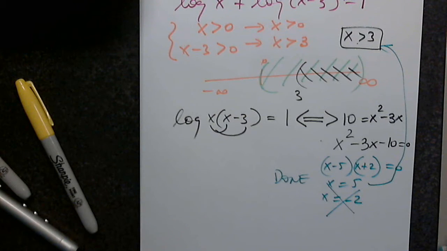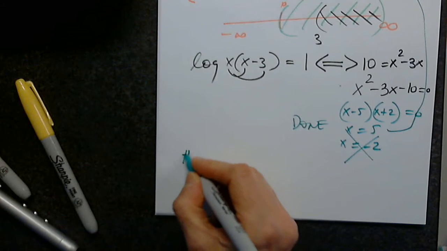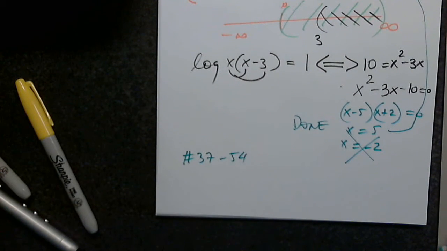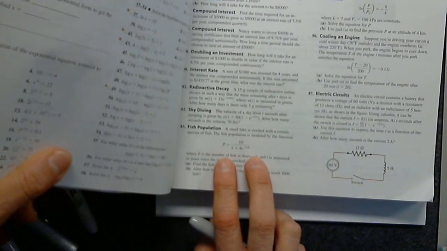Okay, please choose anything you want from 37 through 54. And then I would like to look at a word problem. I'd like to look at the fish population after that. Look again at the applications of exponential and log.